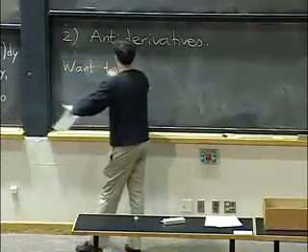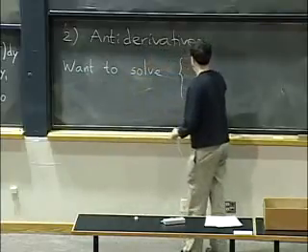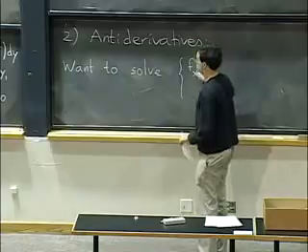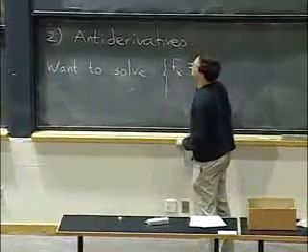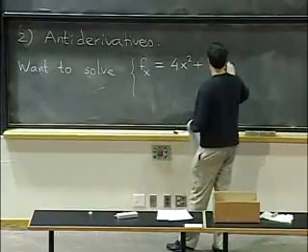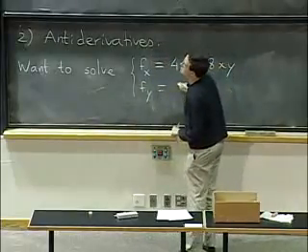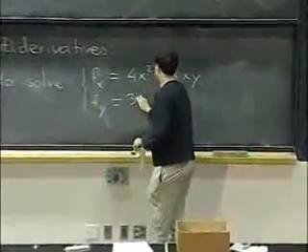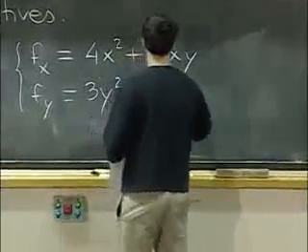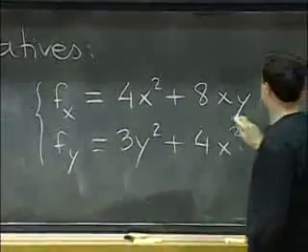Okay, so let's still do it with the same example. So we want to solve the equations. We want a function such that f sub x is 4x squared plus 8xy, and f sub y is 3y squared plus 4x squared. So let's just look at one of these at a time.